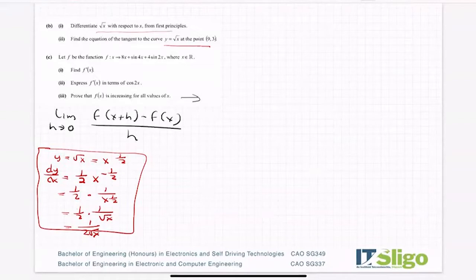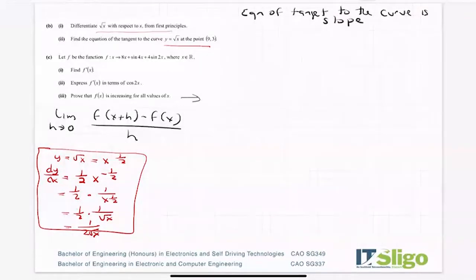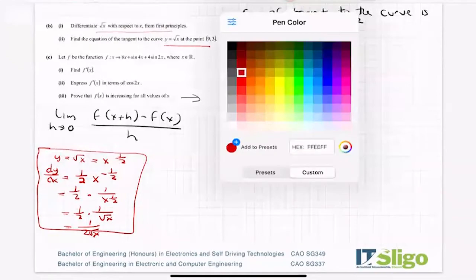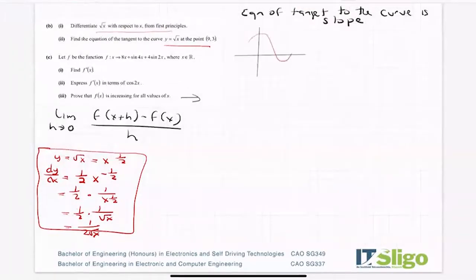Okay, find the equation of the tangent to the curve. So whatever curve that is, you have got to know that equation of tangent to the curve is slope. Okay, so whatever curve you get in a question, you can pick a point on it.